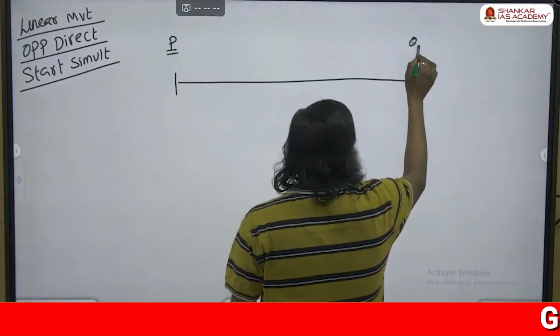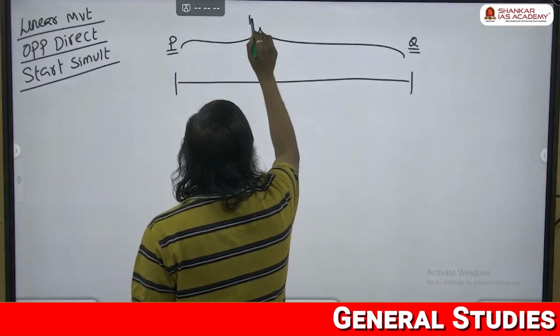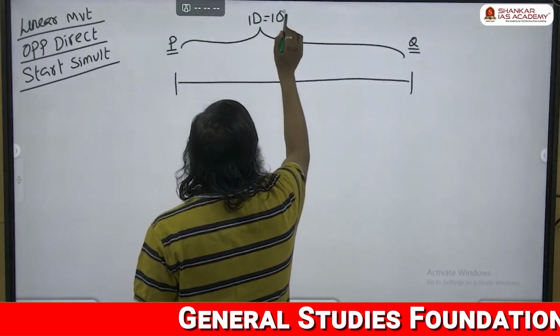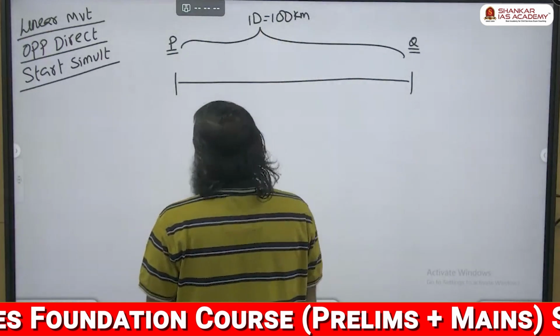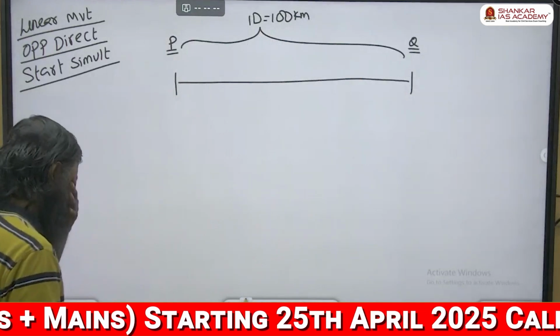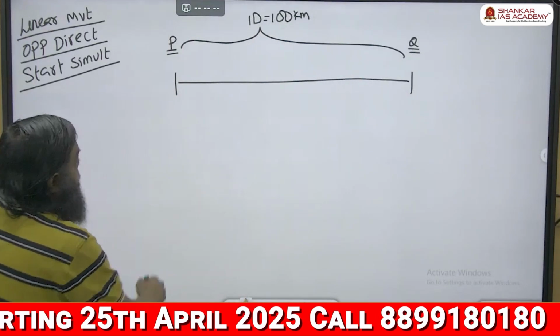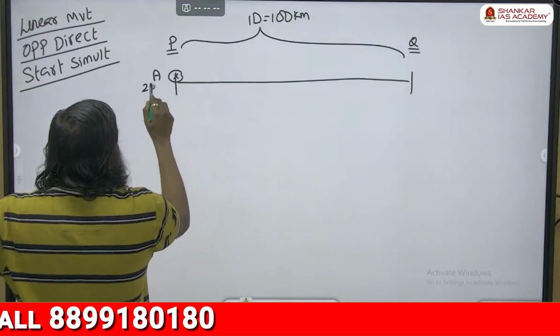Place P, place Q. The gap between P and Q is the distance, 100 kilometers. Person A started here at 20 kilometers per hour.